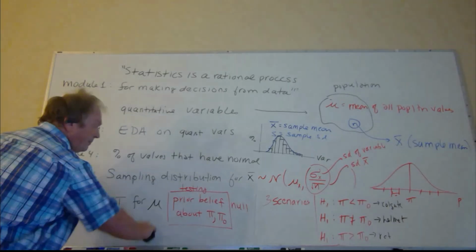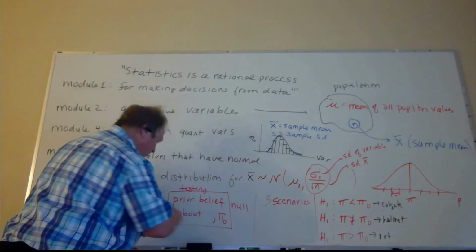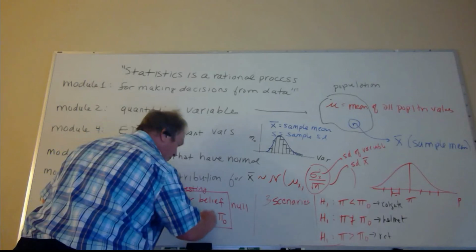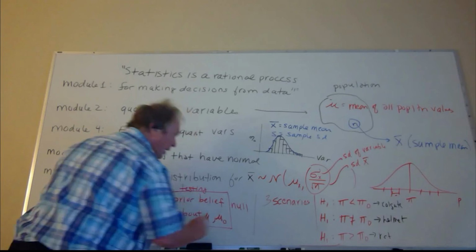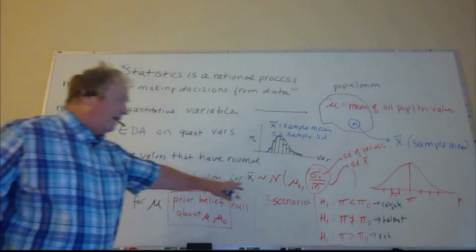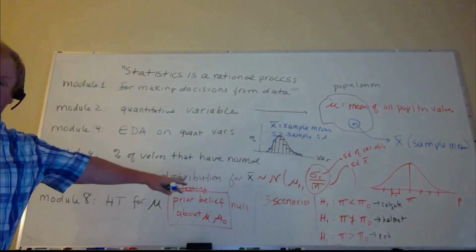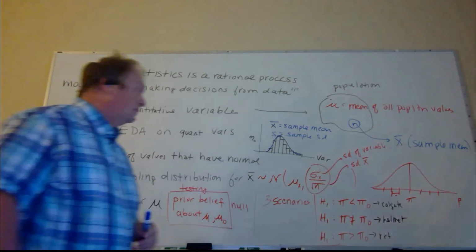And we're going to play the same game, okay? We're going to have some prior belief about the population mean, mu, which we're going to call mu sub 0. This is going to be our null hypothesis. And we're going to see the same three scenarios work, and I'm going to talk a little more about that in a second.